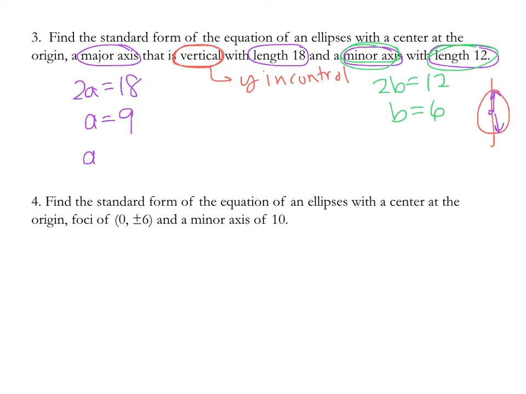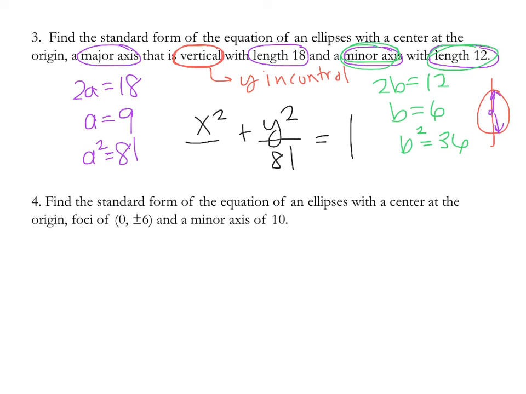And then we really just need to be able to plug in a squared. a squared is 81, and b squared is 36. So then the equation is going to be x squared over something plus y squared over something equals 1. The one that's in control gets the bigger number. So y is going to get the 81, and x is going to get the 36. And that's your equation.